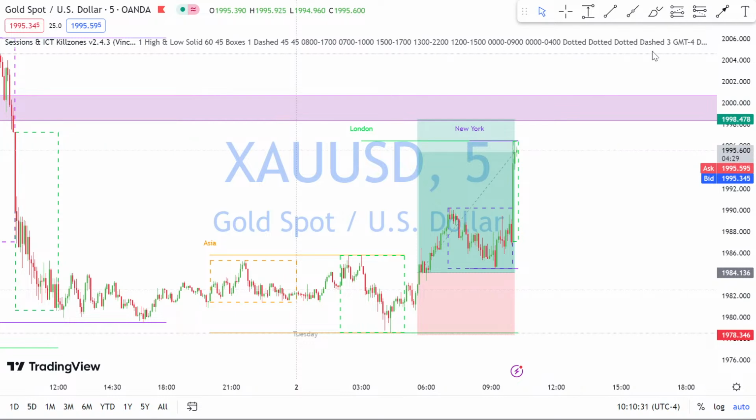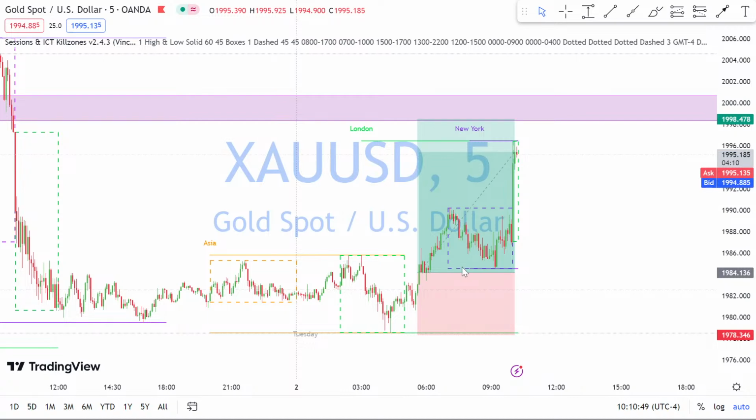Now, if we have a market that is, let's say, in a strong trending environment, you want to be really focusing in on London, because London will give you the highest probability of a low risk entry price point.